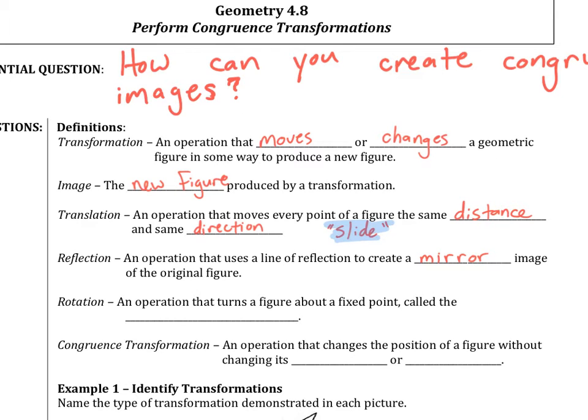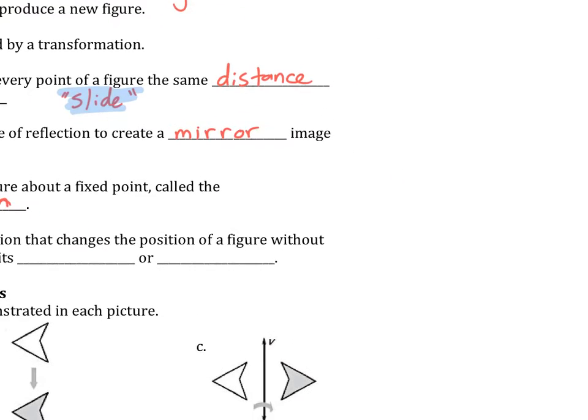And then there's a rotation, which is an operation that turns a figure about a fixed point. This is called the center of rotation. I like to think about a rotation as a clock. Here's the hand of the clock.